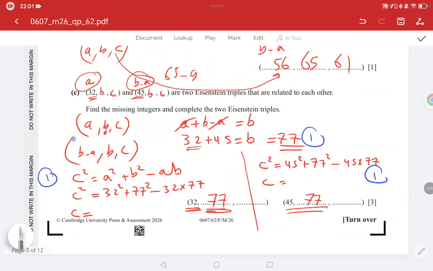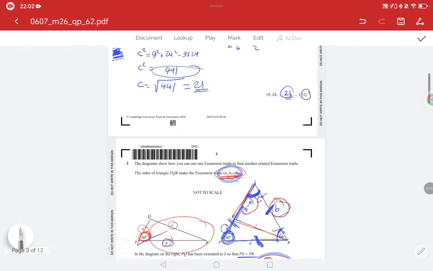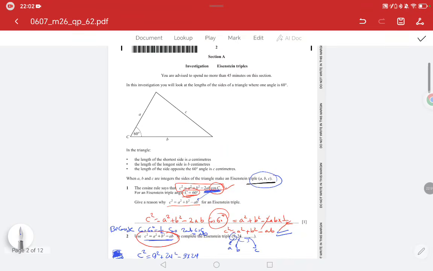Usually you will notice that the numbers we have here, the answers, are perfect squares, so your numbers are usually integers, and I think this was given before. Did they say that before? Yes, look, A, B, C are integers.